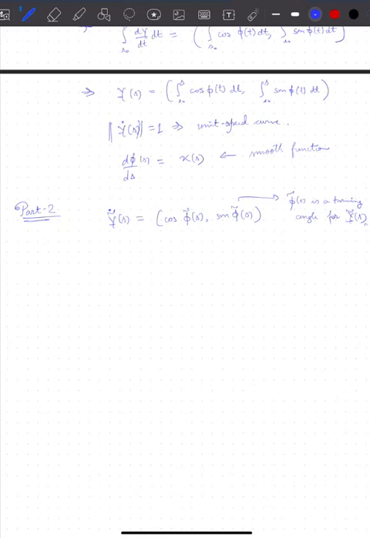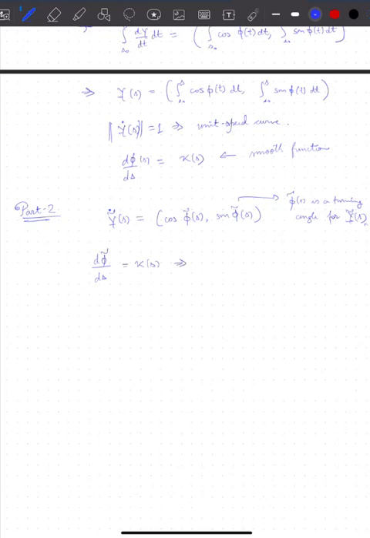Right. So now what we do is, this will also have phi tilde dot of s, and this will be equal to kappa of s.